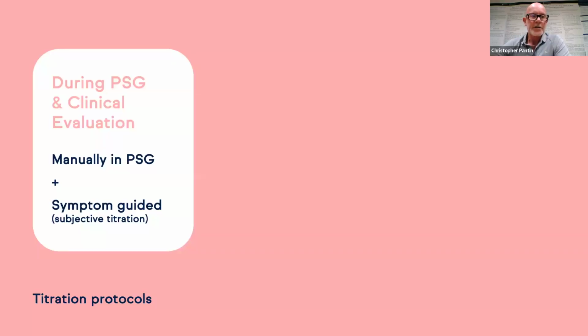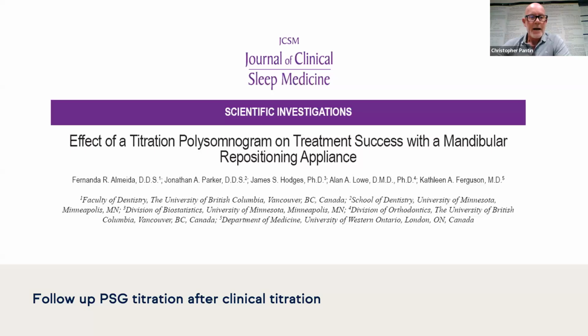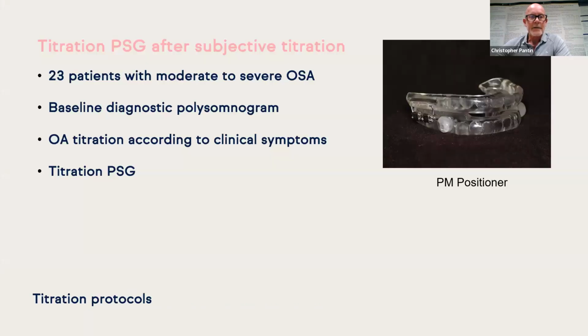Okay, so titration during PSG and clinical evaluation. This is a study by Almeida, and it's quite a good one. They had 23 patients with moderate to severe obstructive sleep apnea. They did a baseline diagnostic polysomnogram.